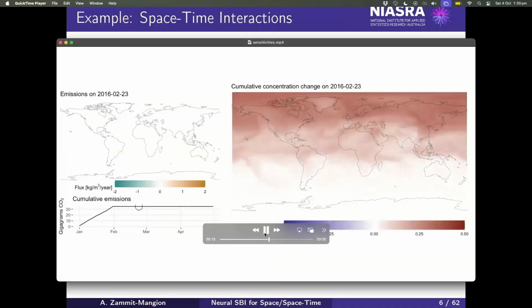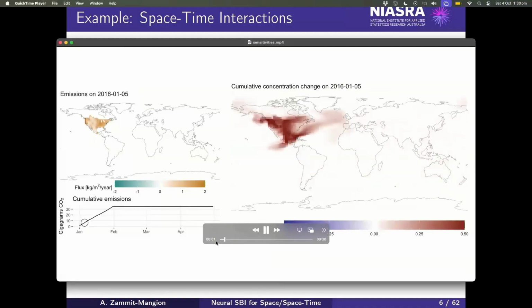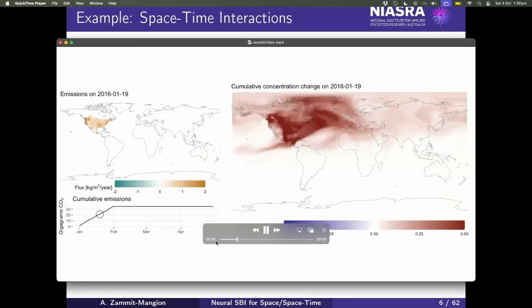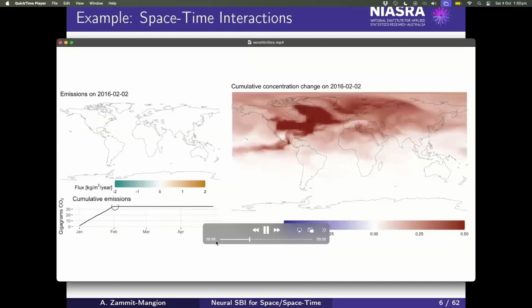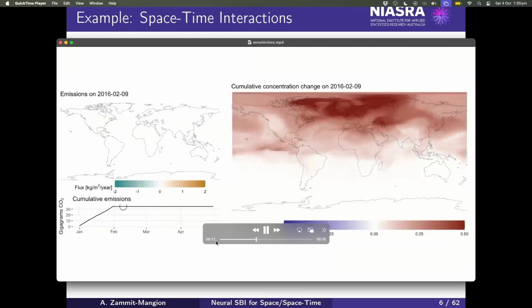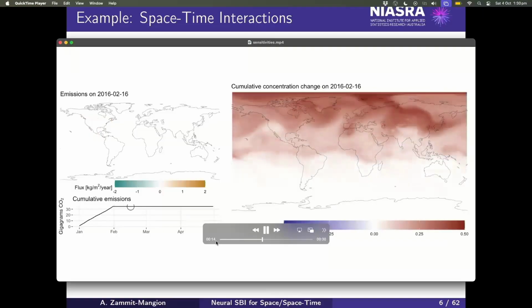On the right-hand side, I'll play the video again, is what's happening to the carbon dioxide that you are emitting. It goes all around the world. But what we observe is points, actually column averages, if you have a satellite of this, but we really want to get back to the emissions, right? So that's a big inverse problem. There's physics in there. There are lots of uncertainties, which we model using spatial-temporal models.